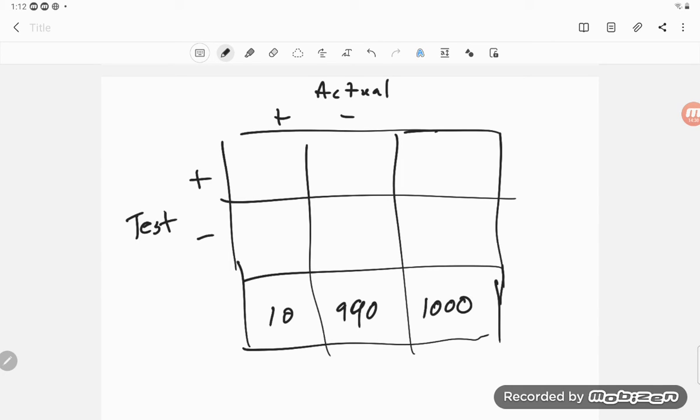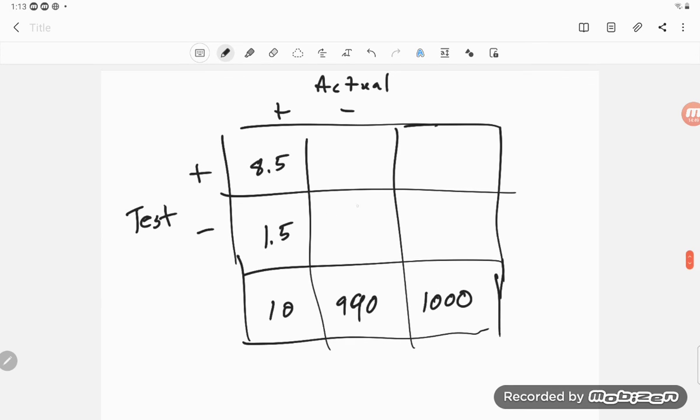I'm going to have to go to fractions here just because I wanted to keep it as 1,000. So 85% would be 8.5 of them, which leaves 1.5. And similarly here, if I take my 95% of 990, that's 940.5 and 49.5. So if I were to actually do this with 1,000 people, this is kind of what I would expect to see. And this would be 58 and 942.